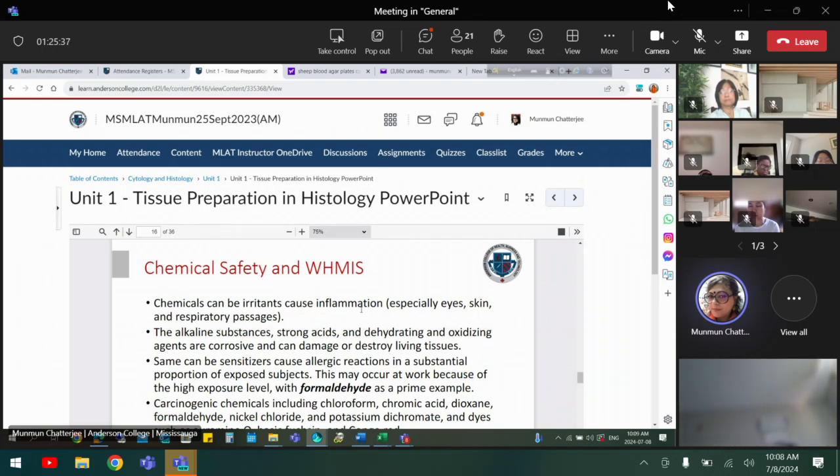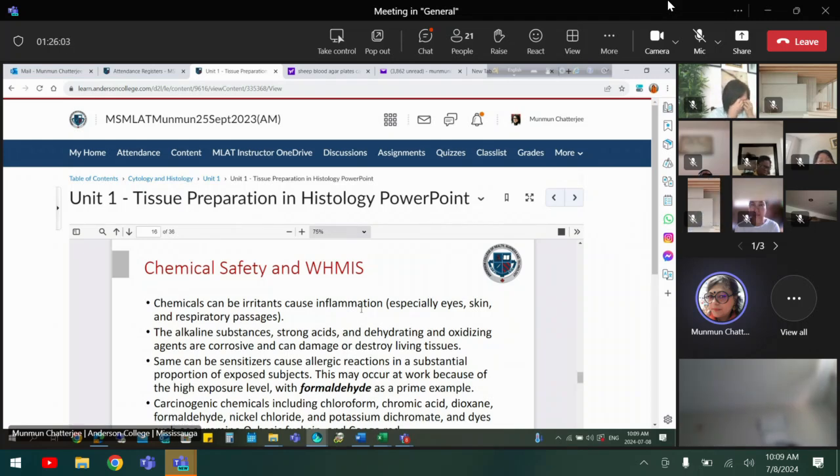It is highly destructive in nature; it destroys living tissue. Some substances can also be sensitizers, causing an allergic reaction in a substantial proportion of exposed people, such as formaldehyde, which is one of the main fixatives.